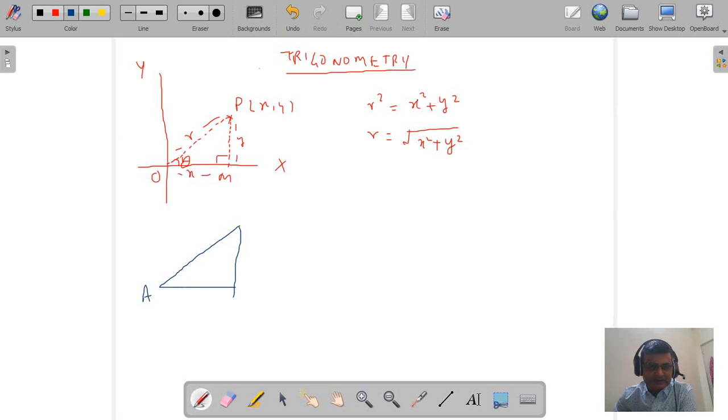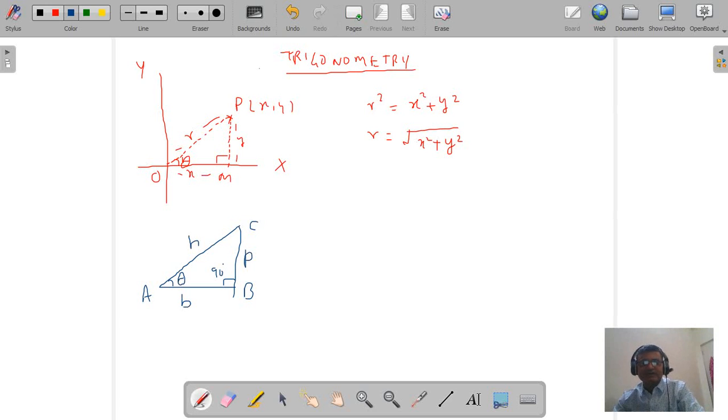Say this is point A, this point is B, and this point is C, and this angle is 90 degrees. It means we are taking a right angle triangle, and this angle as theta. Now this is the base of the triangle, this is the perpendicular of the triangle, and this is the hypotenuse of the triangle.